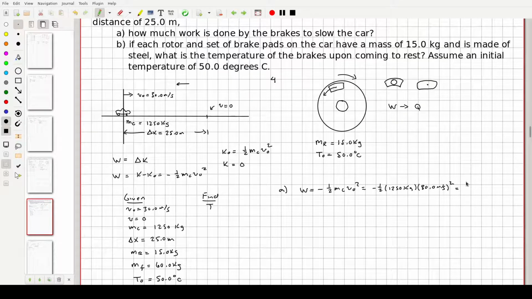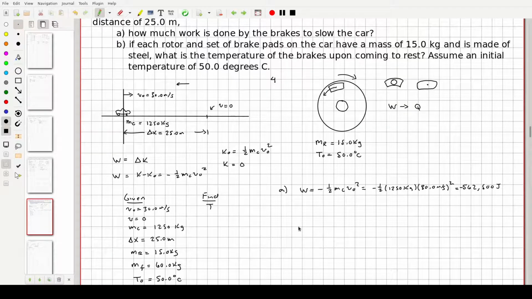So, if I plug stuff into this, that is times 1,250 times that square. Okay, so I have 562,500 joules. It's negative because, again, I'm taking energy out.